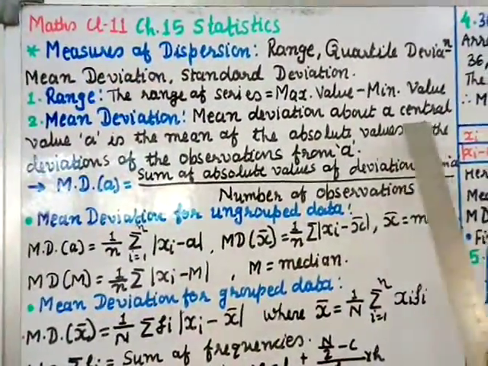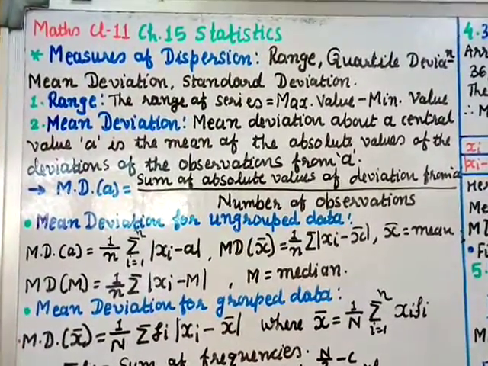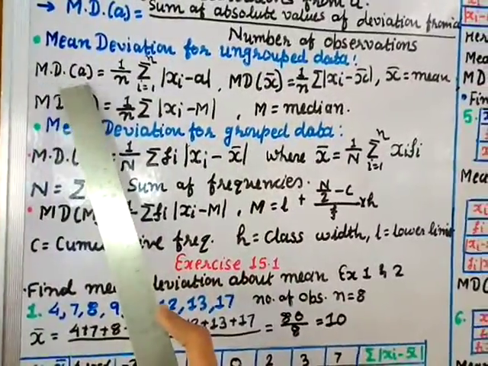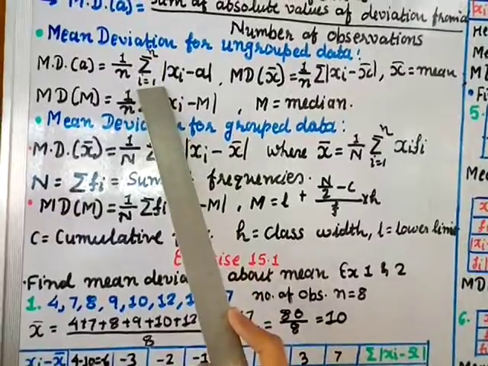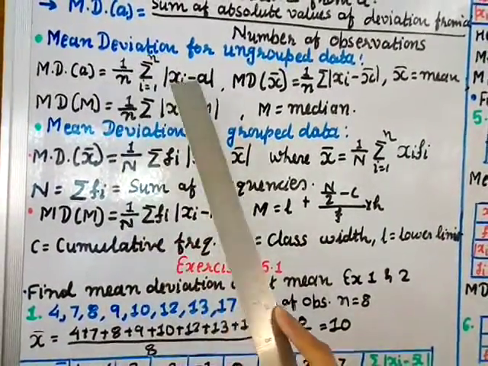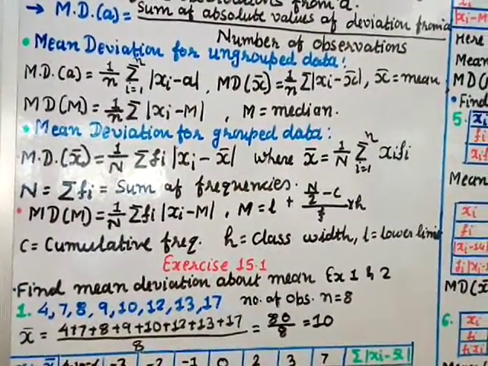I have written in the definition, right? Central value A. As I said, instead of A, the central value can be either mean or median. So mean deviation about A equals 1 by n sigma i equal to 1 to n modulus of xi minus A, where n is the number of observations, A is the central value and xi is the data.